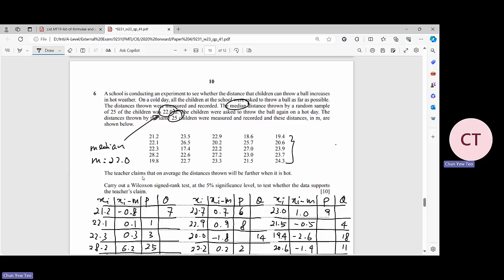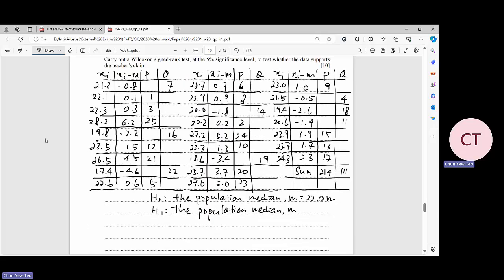The teacher claims that the distance thrown will be further when the day is hot, so it will be more than 22.0. Okay, so this one is one tail.